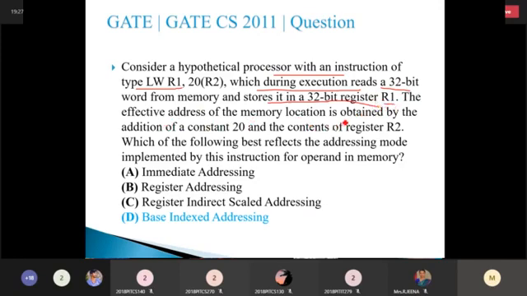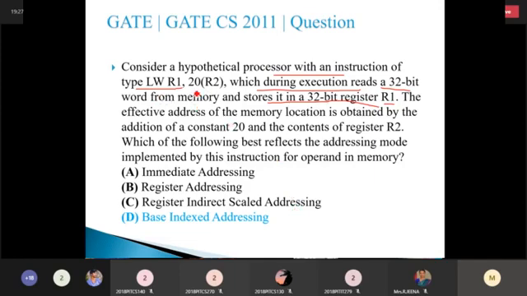The effective address of the memory location is obtained by the addition of a constant value 20 and the contents of the register R2. Which of the following best reflects the addressing mode implemented by this instruction for the operand in memory? We need to choose one option.